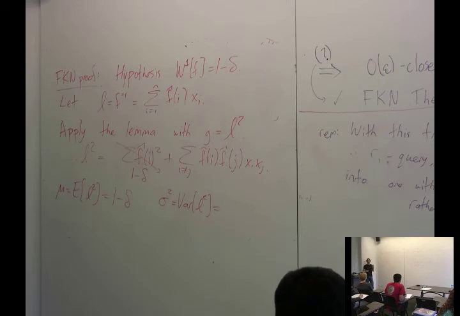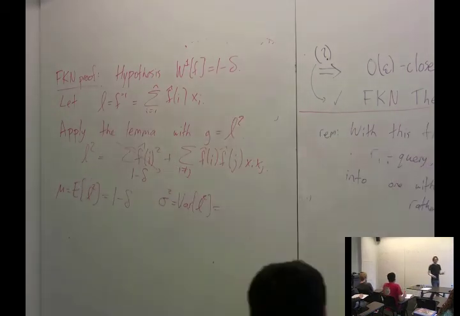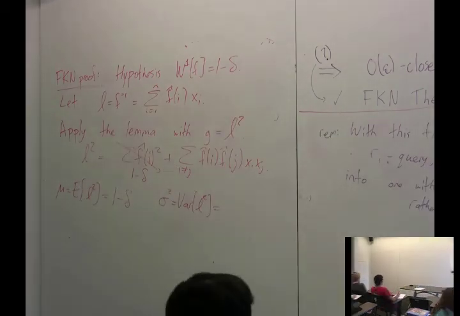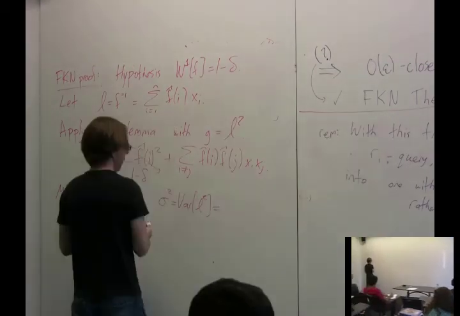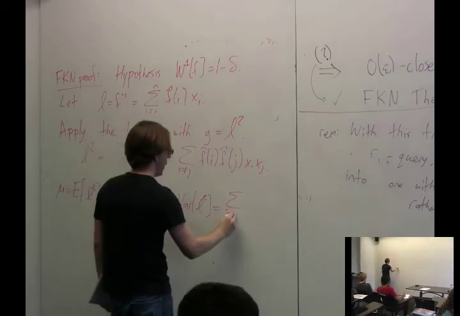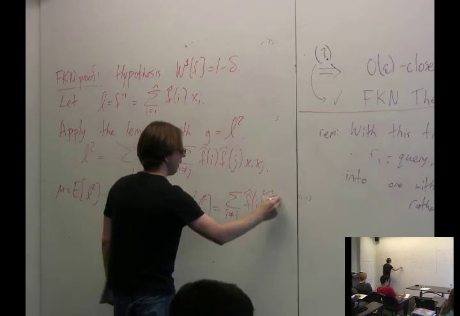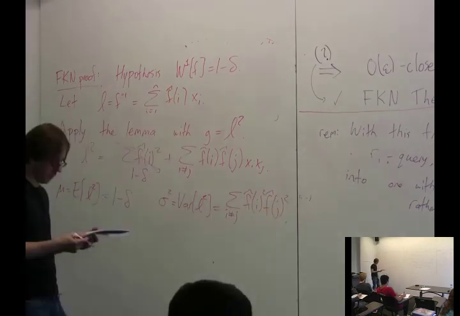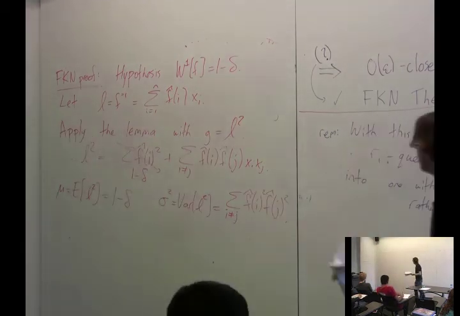If you have any Boolean function and you're staring at its Fourier expansion, its variance is equal to, this is lecture 1, the sum of the squares of the non-empty Fourier coefficients. So it's the sum of these things squared. So sum over i does not equal j of f hat i squared, f hat j squared. All right. Okay, let me continue.